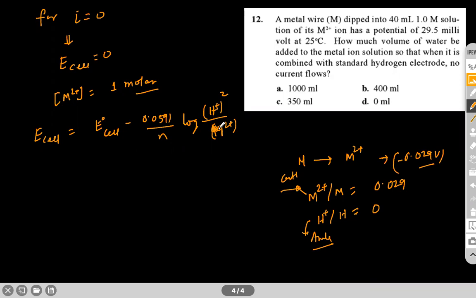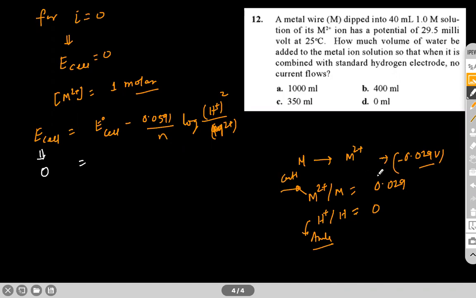Okay, so in this question again, E cell should be 0. For 0 current, this should be 0, right? So E cell will be E cathode minus E anode.